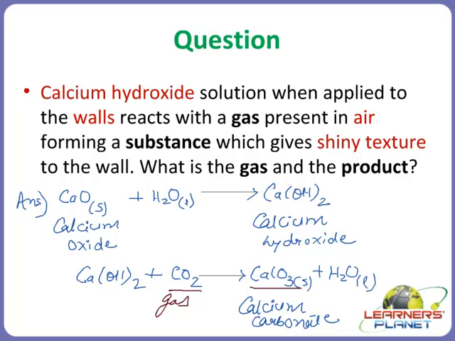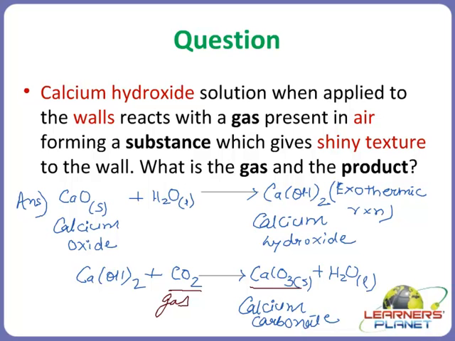Understood this question? Now you know this reaction, the reaction of calcium oxide with water, is an exothermic reaction. That is, a large amount of heat is evolved.